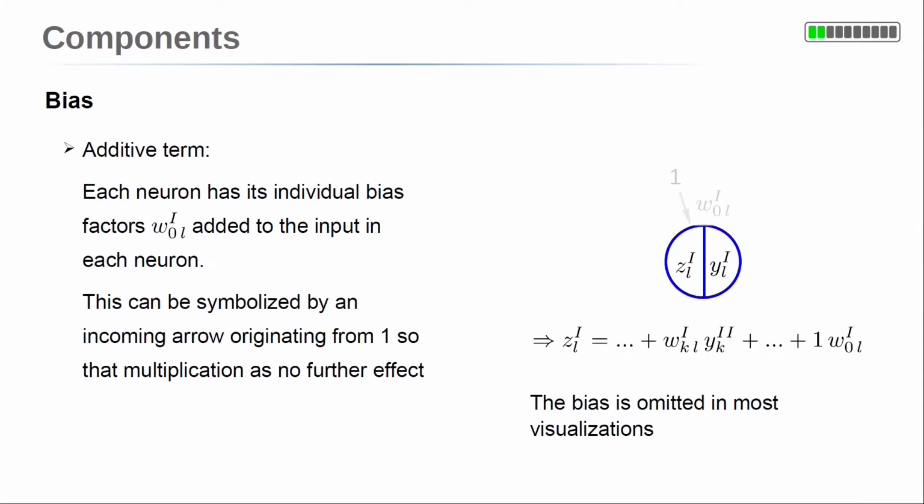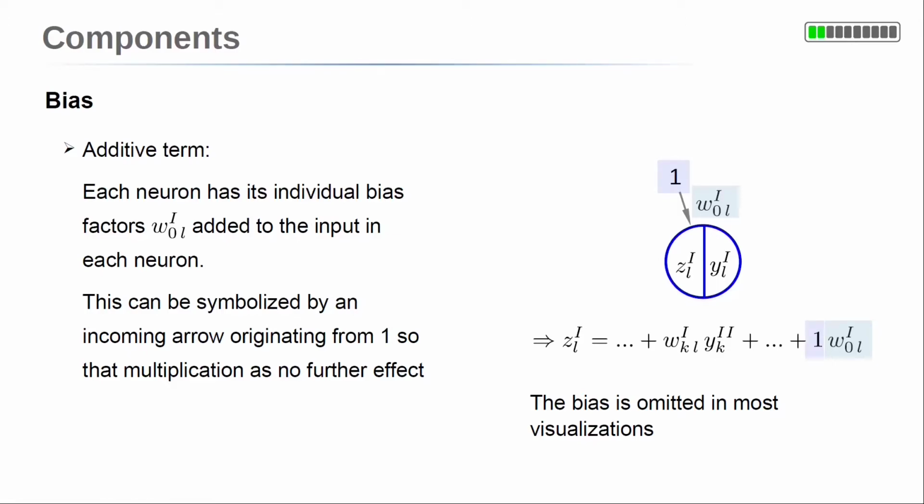Besides the weight parameters, we have another type of trainable parameters, the biases. They represent the y-intercepts in the summation. Each neuron has an individual bias parameter. For the l-th neuron of layer number 1, this is w0l with a superscript 1. The bias term doesn't connect 2 neurons. It is just an added parameter to the linear combination of the inputs in the summation.